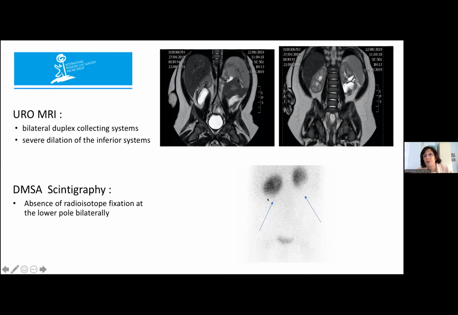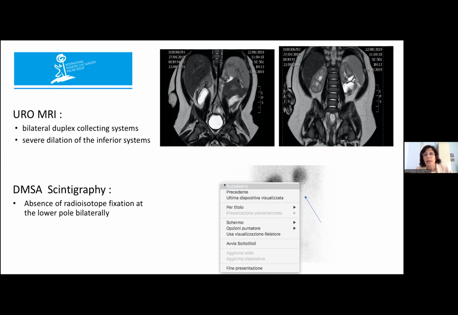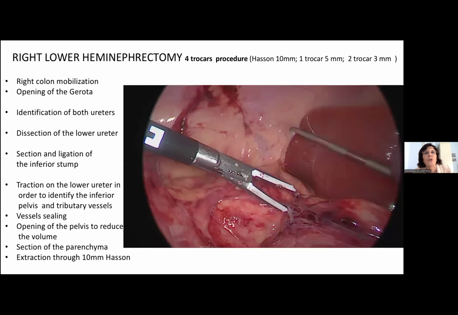The MAG3 scintigraphy demonstrates absence of fixation of the radioisotope at the lower pole bilaterally, so they were not functioning. They were affected by severe reflux and consequent urinary tract infection. So I decided to move to lower heminephrectomy, staged lower heminephrectomy.